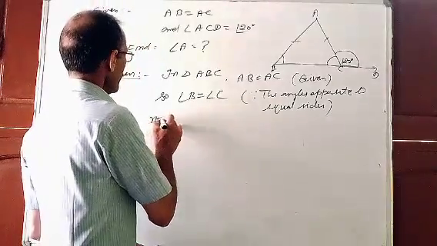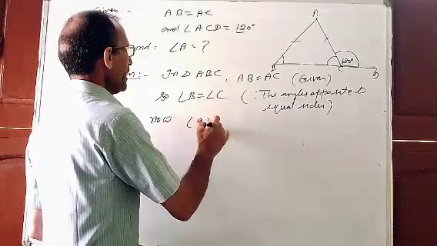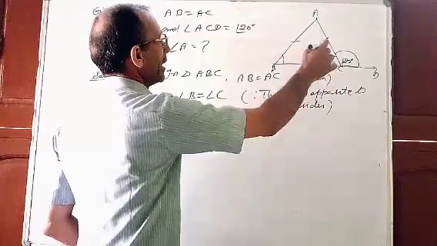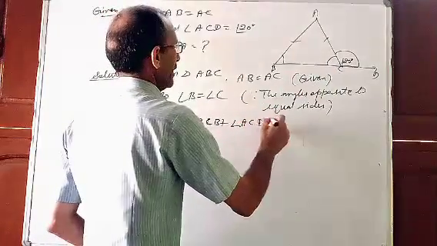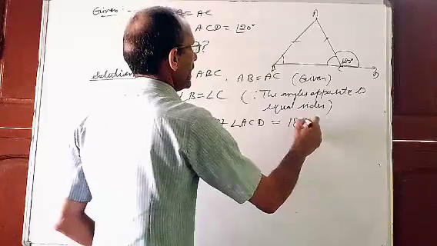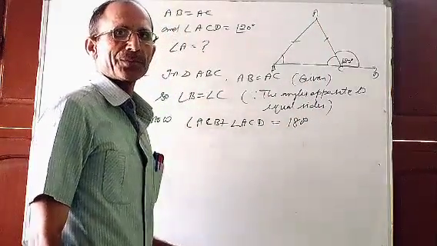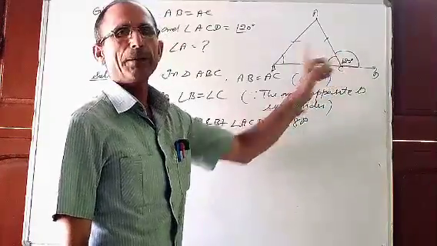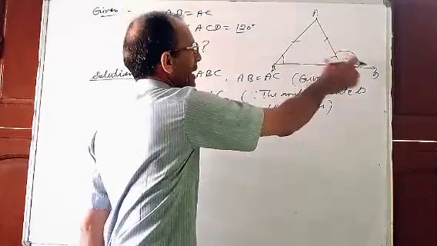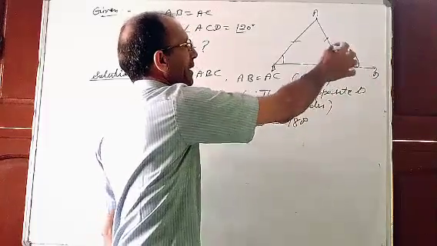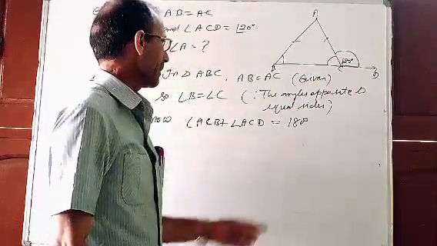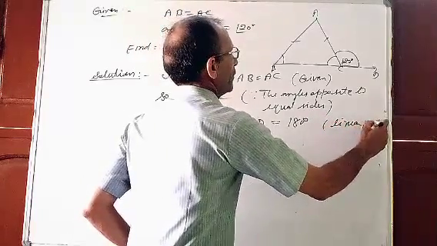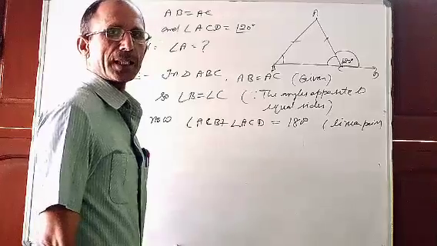Now angle ACB plus angle ACD, the total will be 180 because of linear pair. Two adjacent angles making 180 degrees we call a linear pair. These are adjacent angles BCA and DCA, so their total is 180. Is it clear?